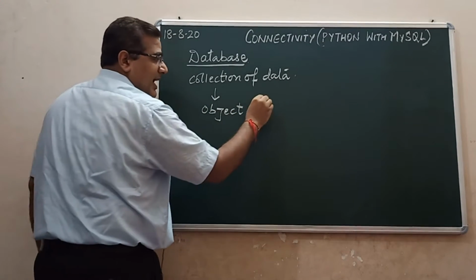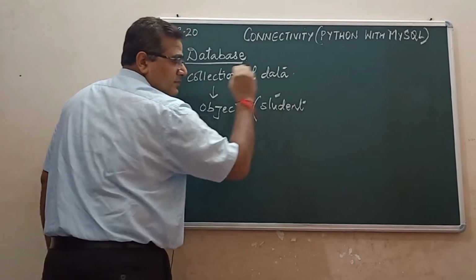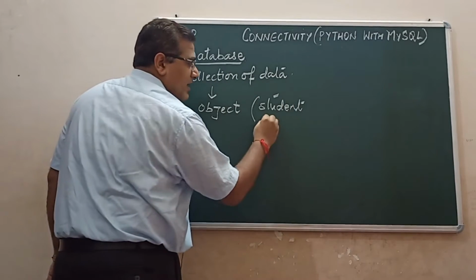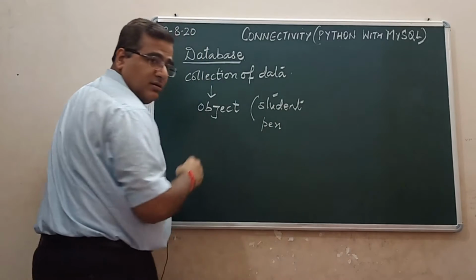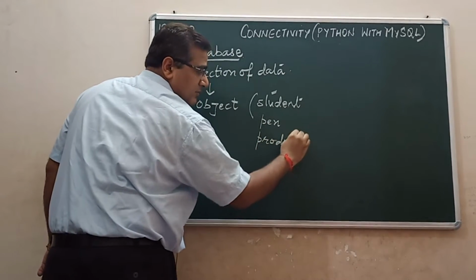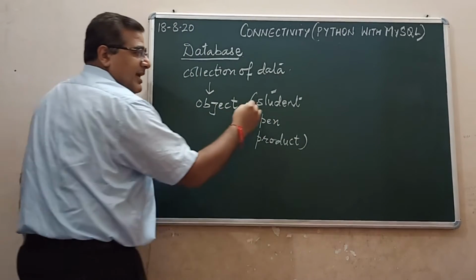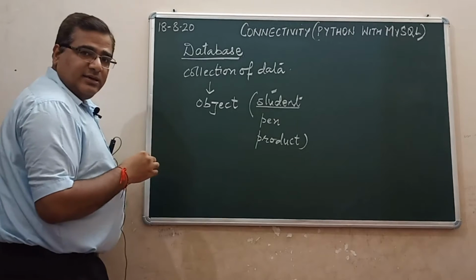The object can be a student, it can be a pen, it can be any product. I am taking the example of a student.